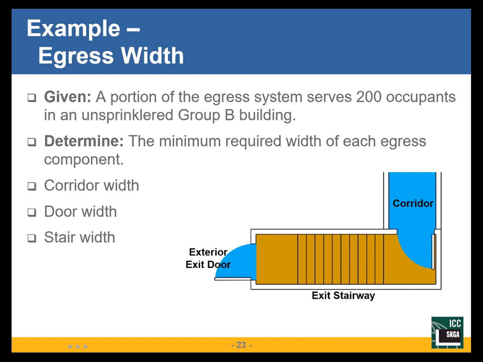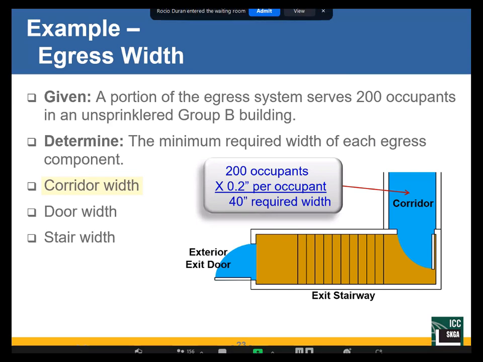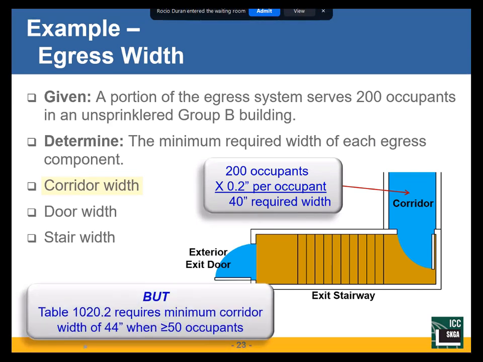So we're going to split that 200 this way, 200 that way. So here, at the end of the corridor, is my exit from the building. I've got 200 occupants in that building, so my corridor width would be 200 times 0.2. Building's not sprinklered, times 0.2. So my corridor width is 40 inches.